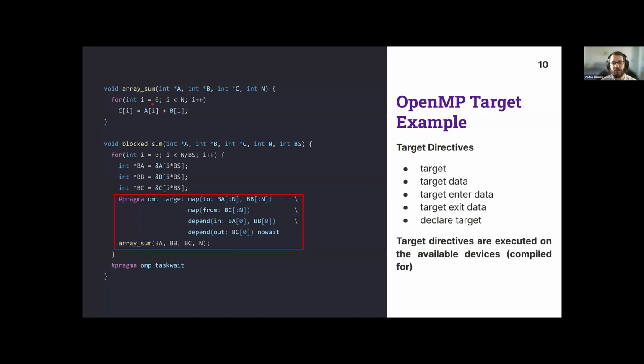If you compile this code targeting CPU, it's going to compile this target function for the CPU device. If you compile this targeting the AMD GPU architecture, it's going to compile this function into something that AMD GPUs can understand and execute and generate the results. So that's the basic idea. You have a simple code that you can offload to different devices by targeting the architectures at compile time.